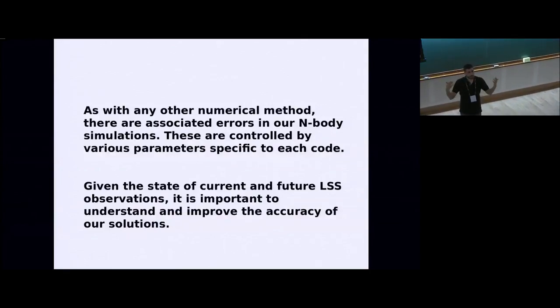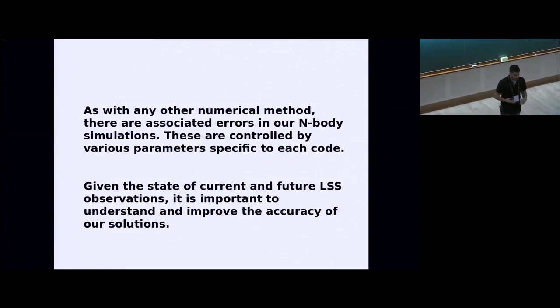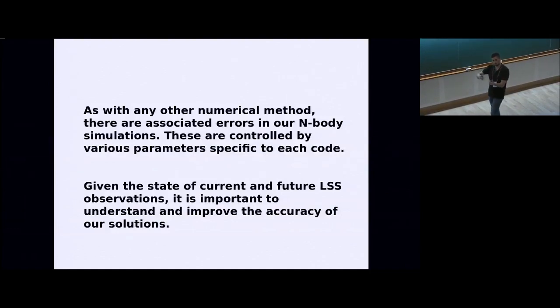As with any other numerical solution to a physical system, they're not perfect, right? We have numerical errors, but these numerical errors are controlled by various parameters. We mentioned softening length, the step size, and so on.